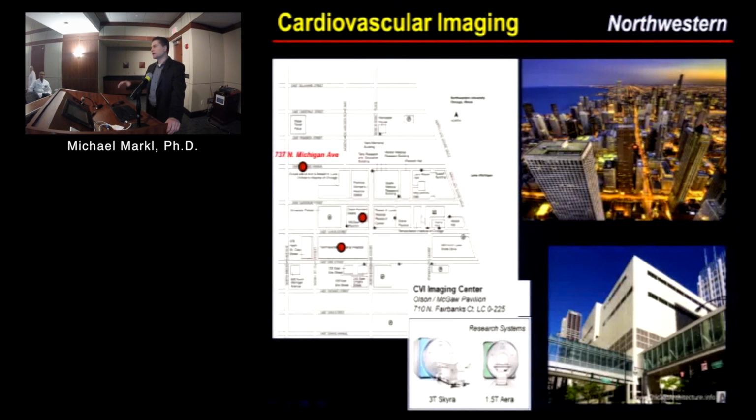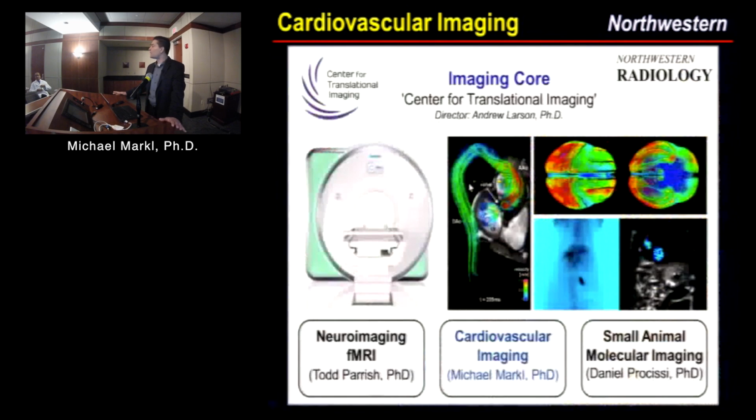We're a very integrated network of different hospitals downtown. And most importantly for my work, we have an MR imaging core facility that focuses on different aspects of MR imaging research: neuroimaging, small animal imaging, molecular imaging, and cardiovascular imaging as well, which is directed by myself.